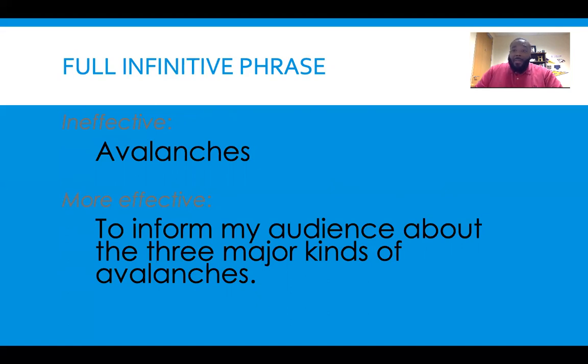If I don't know anything about avalanches, I might not even know what you're referring to. So don't just do one word specific purposes or just like bullet points. Make sure you have a full statement. So a more effective specific purpose about avalanches might be to inform my audience about the 3 major kinds of avalanches.